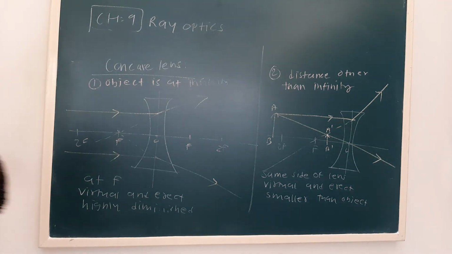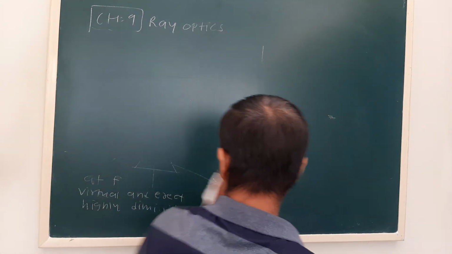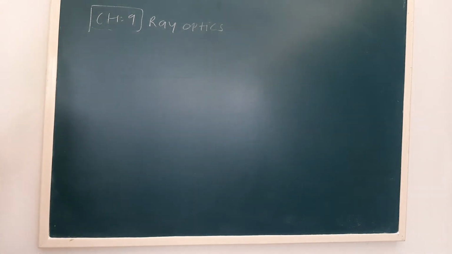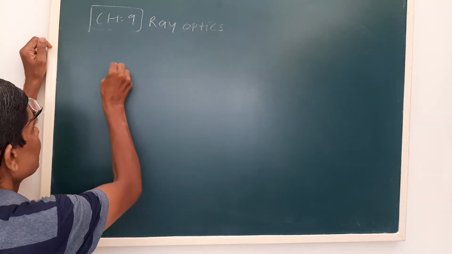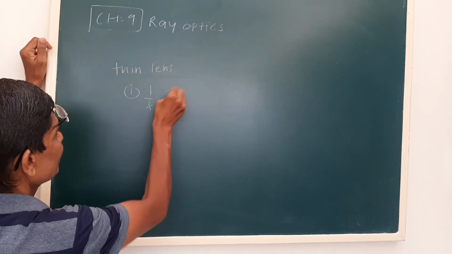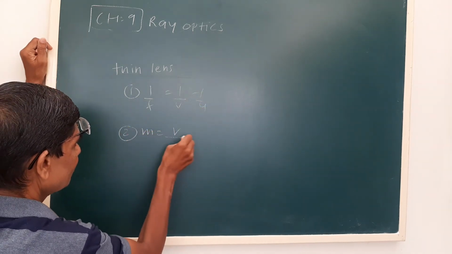Now this is how the image is formed by the concave lens. Now see magnification. The thin lens formula is 1/f = 1/v - 1/u, and the magnification is v/u.